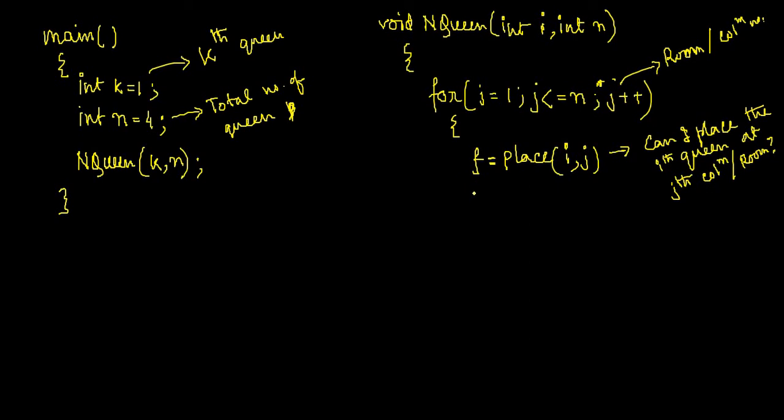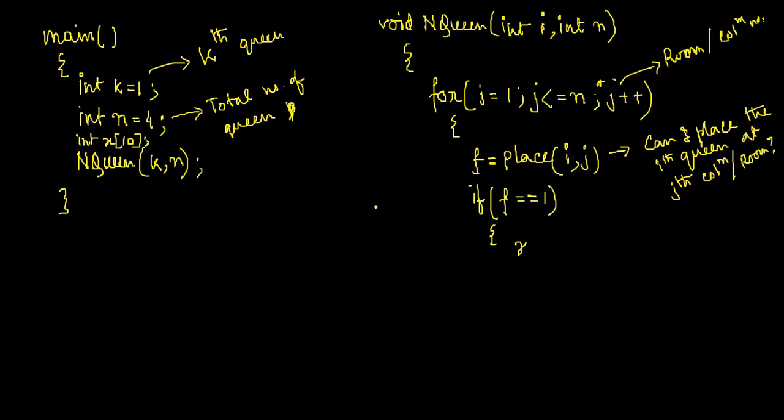So after this, I can write that if f is equal to 1, then it's safe to place the queen over there. That means I can easily write, say, if there is an array, I have not represented the array over here, so I should represent an array here, say int x of 10.